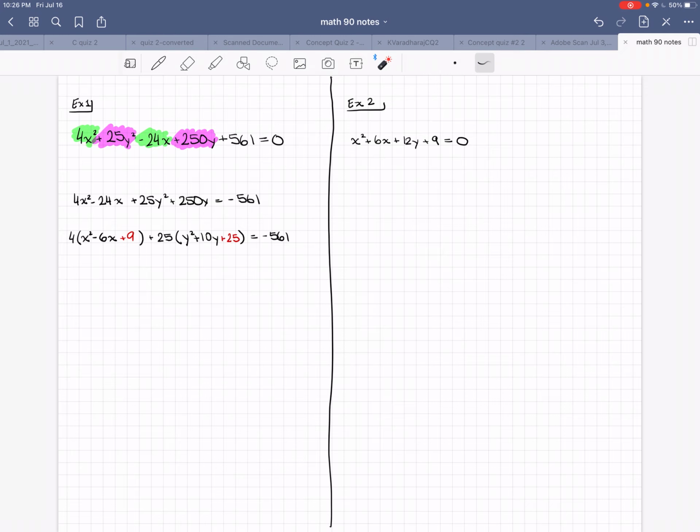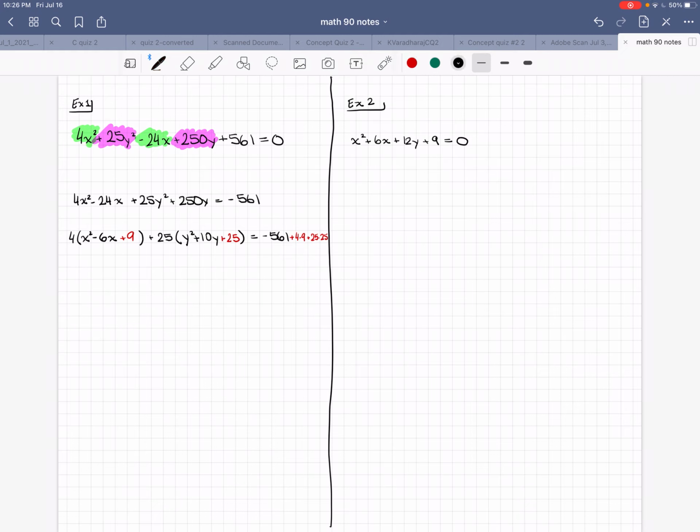So if we are adding those two things to the left-hand side, we also have to add them to the right-hand side. So I'm going to go ahead and actually write plus 4 times 9 plus 25 times 25, just so that it's really clear where those numbers are coming from.